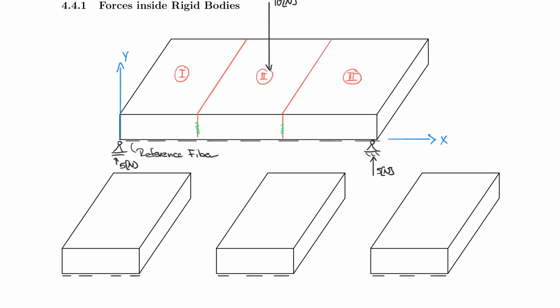So in the middle piece, I have my 10 newtons pointing directly down in the center, and I have my support reactions, which are in this case 5 newtons on each side. But we don't care about the specific numbers right now. Right now I just want to symbolically introduce to you how these forces work and what we have just done.